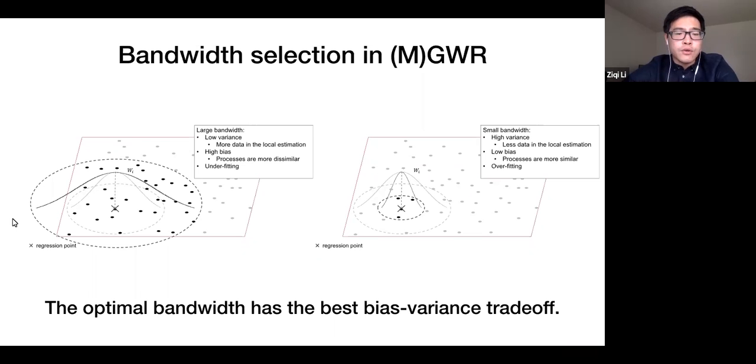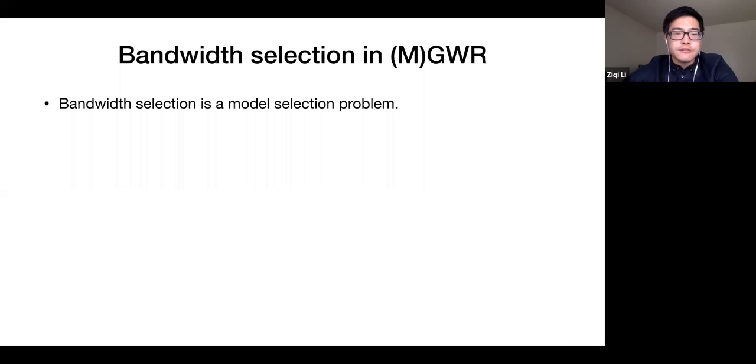If you use a larger bandwidth than what it should be, you will introduce more bias, but because we include more points in the estimation, we reduce the variance. This will give you a possibly under-fitting model. On the other hand, if you use a small bandwidth, you are likely to get an overfitting model. So the optimal bandwidth should balance the bias and variance.